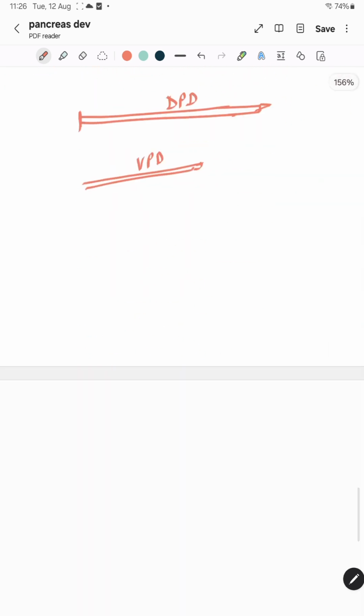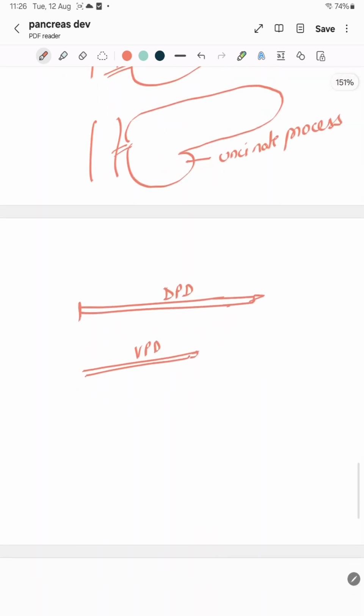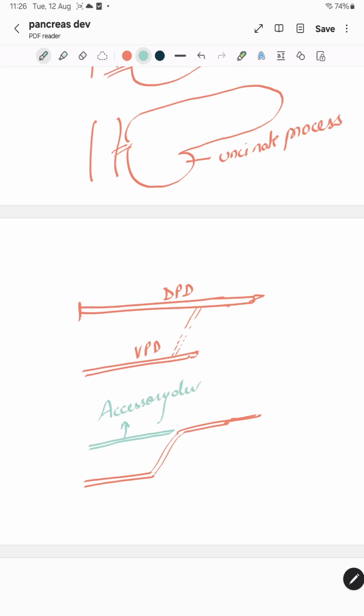Then they will develop a communication, so the new picture will be: this will remain as the accessory duct of Santorini, and this will be the main pancreatic duct, which is known as the duct of Wirsung.